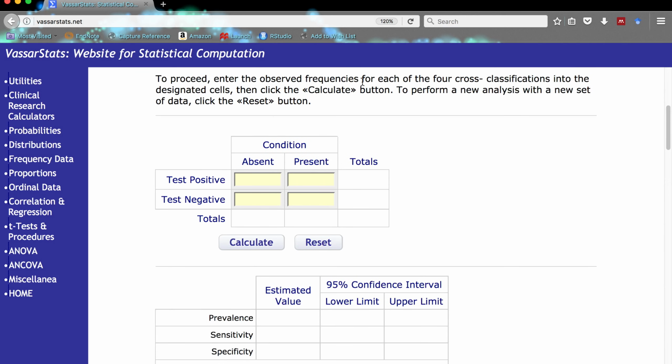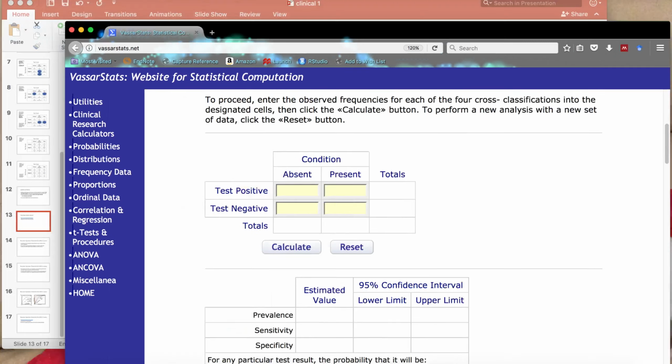We could enter all the numbers we just tried here, with the warning that when I made all of my graphs before I looked at this, I did present and absent, because that's generally how you see it presented. So make sure you're entering them in the right order, because they have absent first.